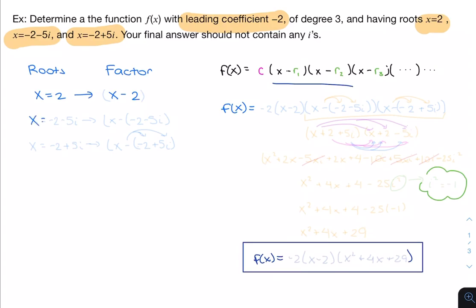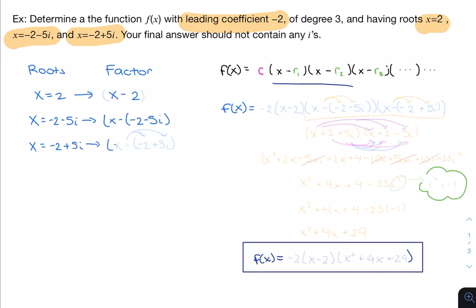For x equals negative 2 minus 5i, we can rewrite this as x minus our root, which is negative 2 minus 5i. And the same thing can be done for the other one. Our other root is x equals negative 2 plus 5i. We're going to do exactly the same thing.